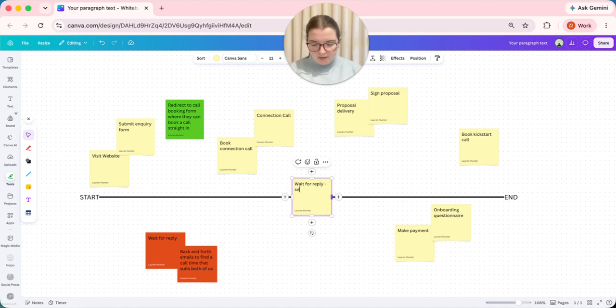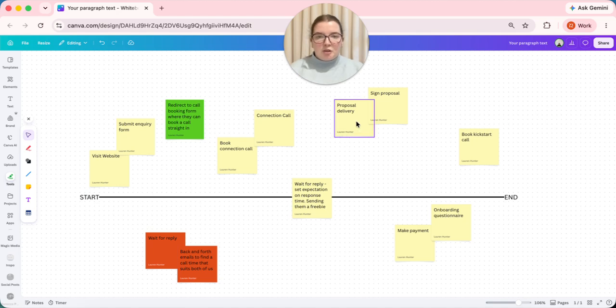So maybe set expectation on response time. It could be sending them a freebie to give them something in the meantime to work on and get them excited to work with you.